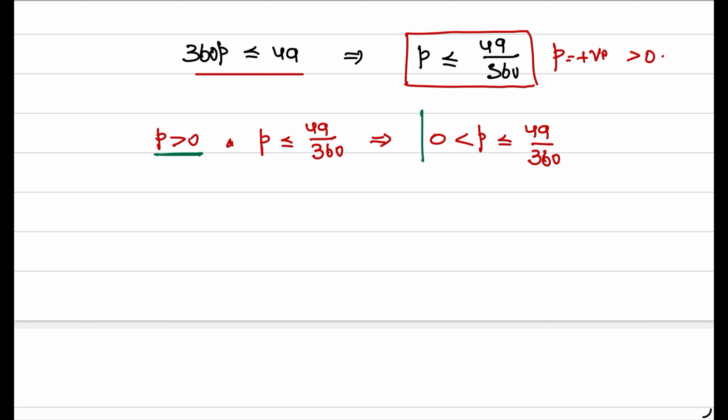This is the answer for p. That means p should be positive, greater than 0, and it should be less than or equal to 49 by 360. This is the answer for the value of p.